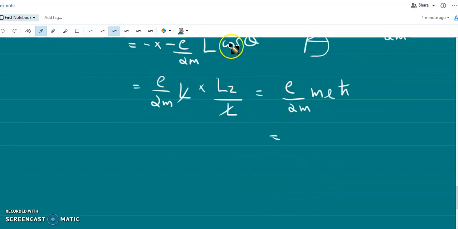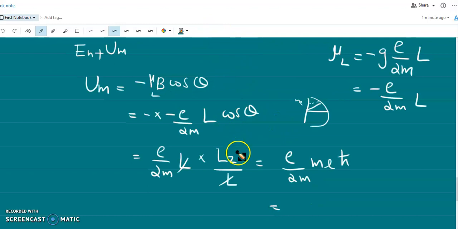Into B, നമ്മൾ ഇവിടെ ഇട്ടിട്ടില്ല കേട്ടോ, mu B. So into B is there.